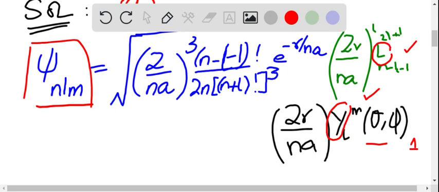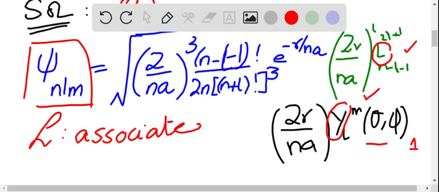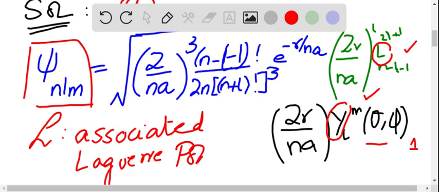Now this L is basically an associated polynomial, right?